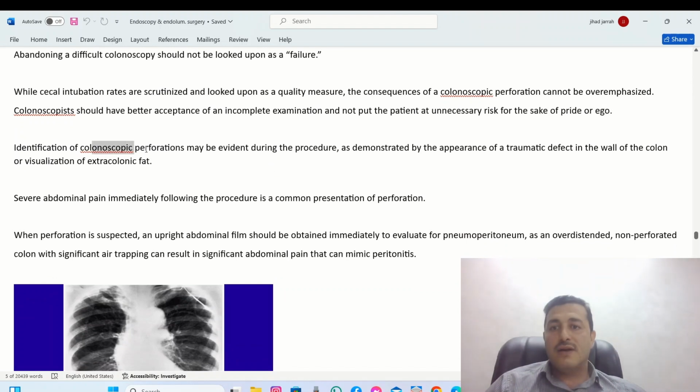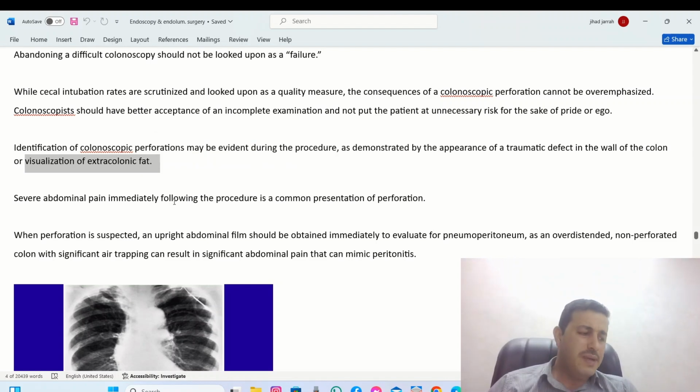You can see here the colonic perforation may be evident during the procedure itself, by seeing the defect or visualization of extracolonic fat. This will present as severe abdominal pain after the procedure.